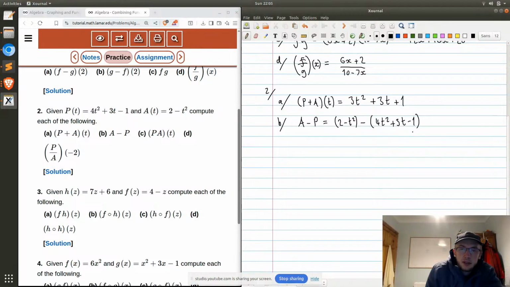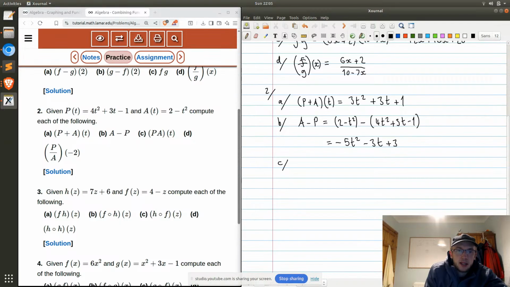That's the definition of function p. Notice how I bracket them. And when we perform this operation, we get negative 5t squared for our quadratic term, minus 3t for our linear term. The minus 1 will turn into a plus 1, and then 1 plus 2 is 3.